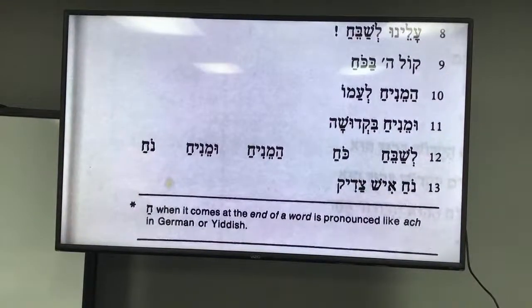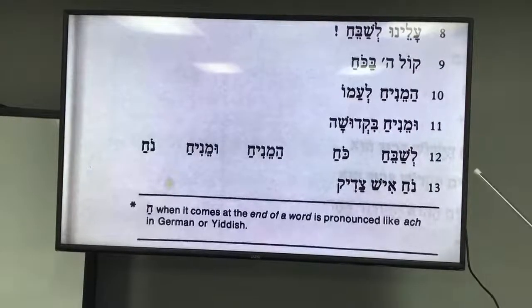Line 9 is Kol Adonai Bekoach. Line 10, Hameniach Leamo. Line 11, Umeniach Big Dusha. I guess you could pronounce it Big Kedusha.